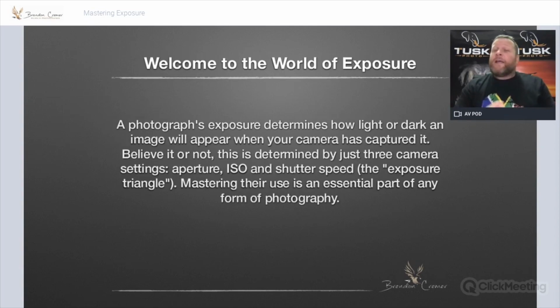As many of you will be familiar with, there's three elements that our camera uses in order to expose this and get this correct. That is our aperture, ISO, and shutter speed, which is very often referred to as the exposure triangle. Mastering these three things and understanding what they do is critical to getting your exposure right.